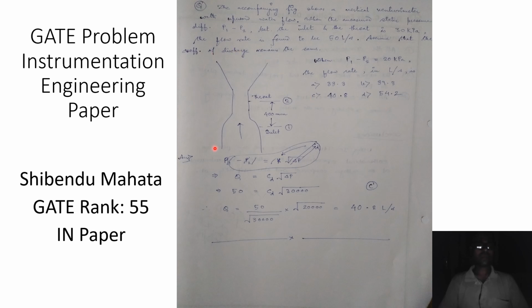This is the diagrammatic representation of the Venturi tube. So it is understandable that this is the inlet section and then this is the diverging section or the outlet section, and in between we have the throat.